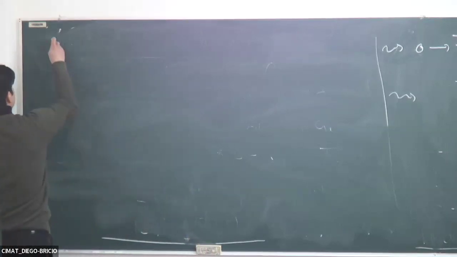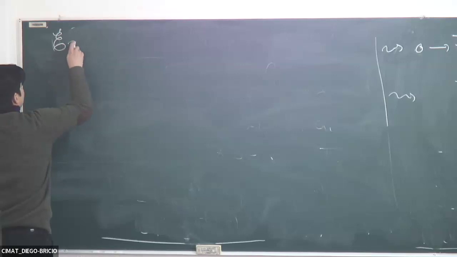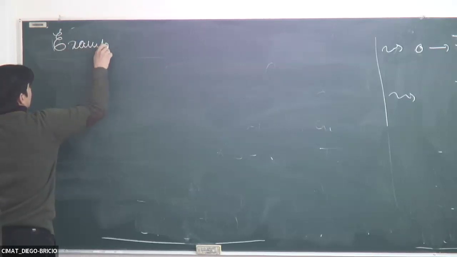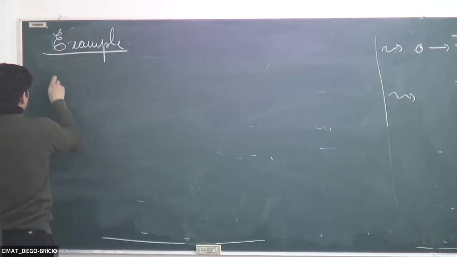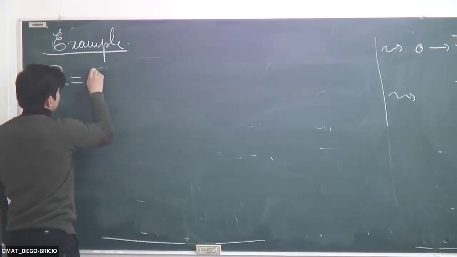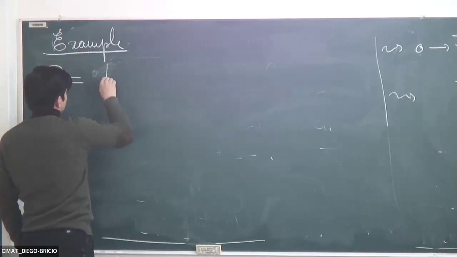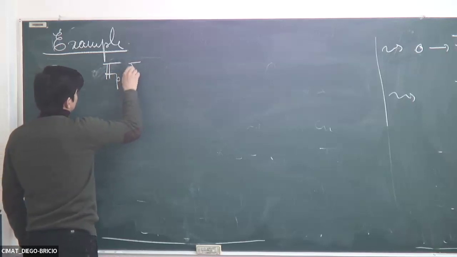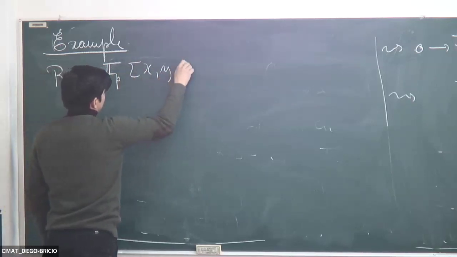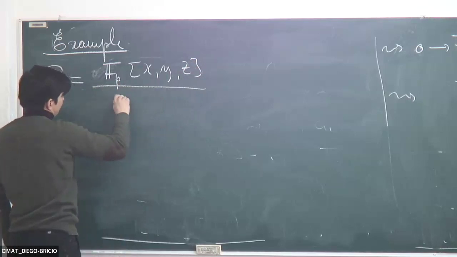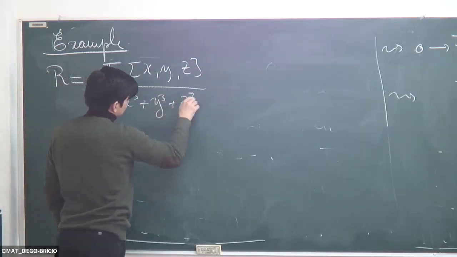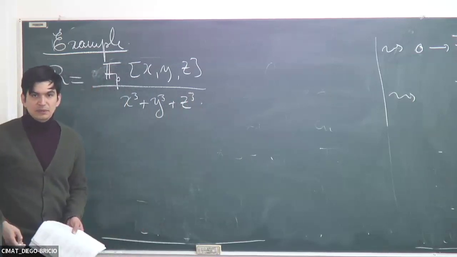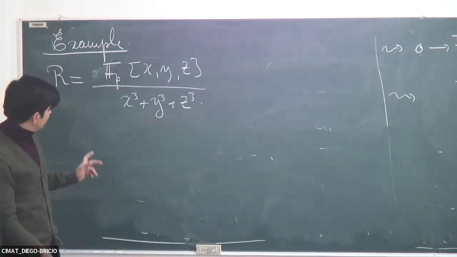R equals, let's say K, and let's just write down F_p. This is an example in which we can apply Fedder's criterion, right?